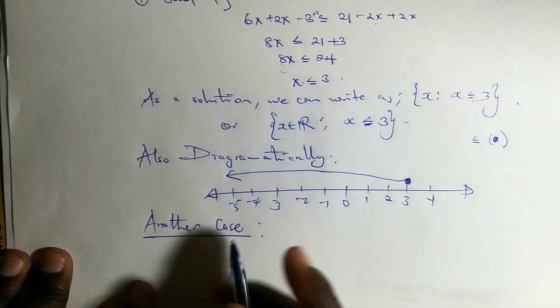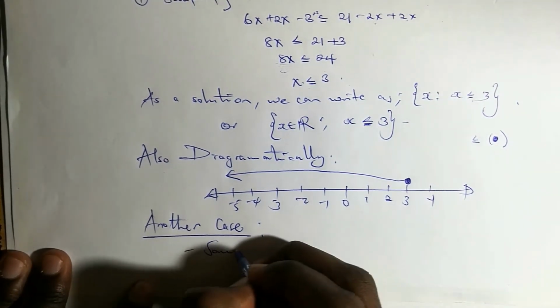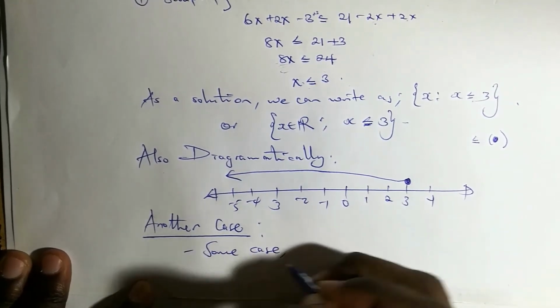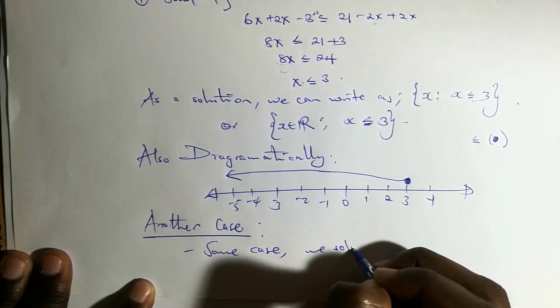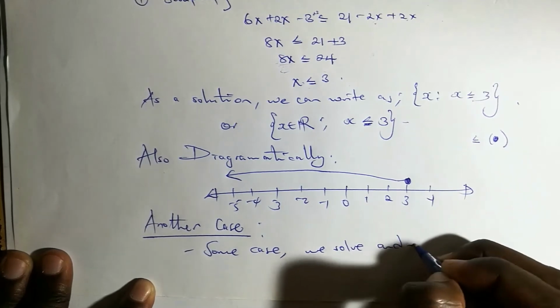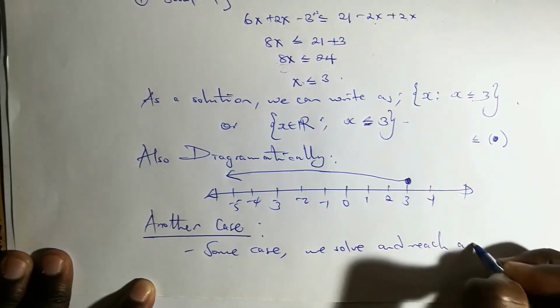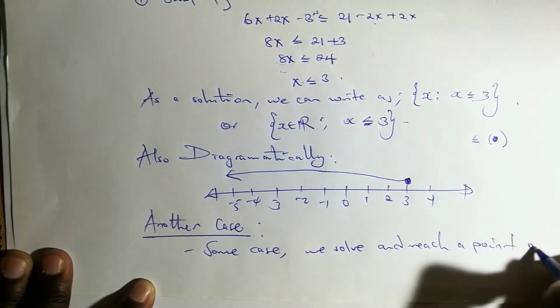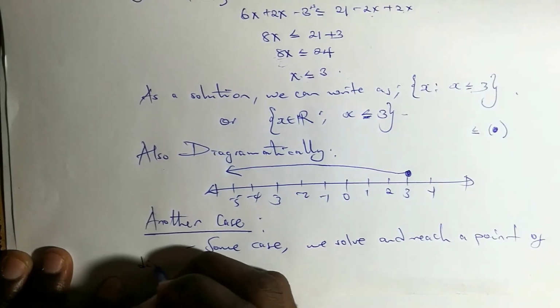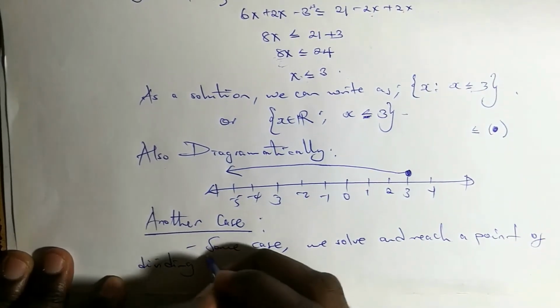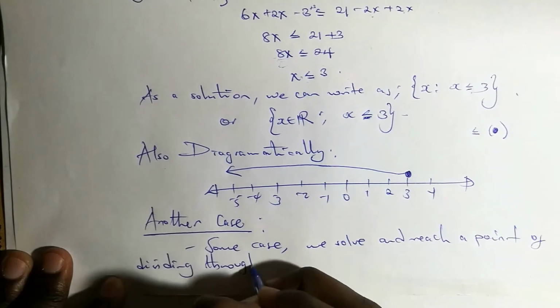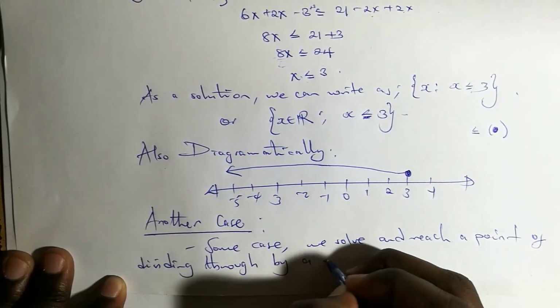Let us first consider there are some cases where we solve and reach a point of dividing through by a negative number.